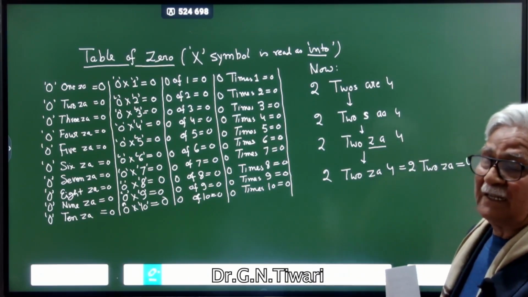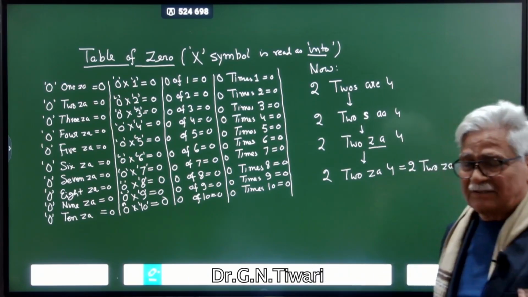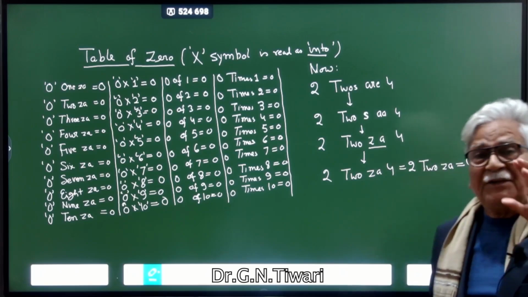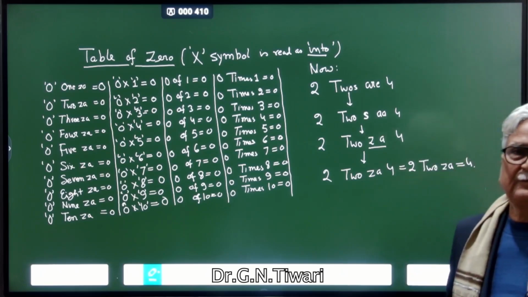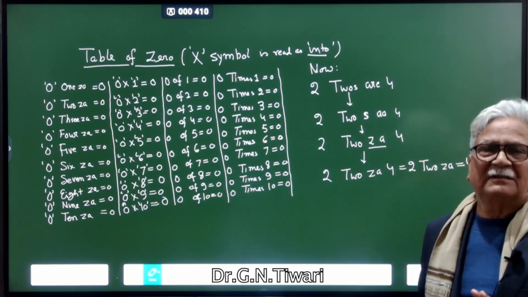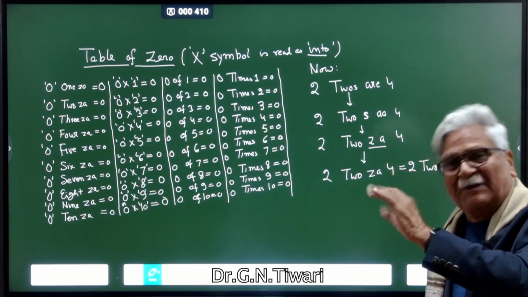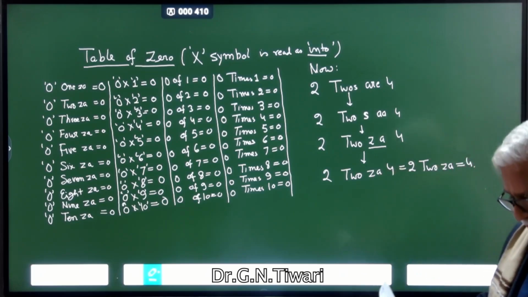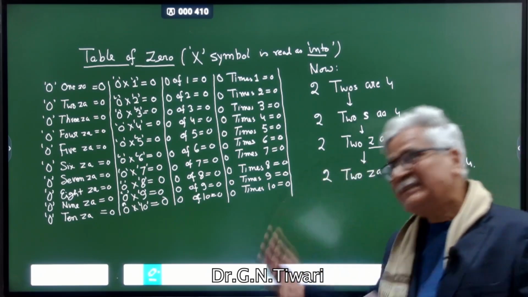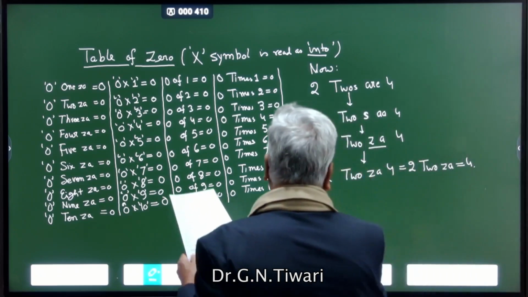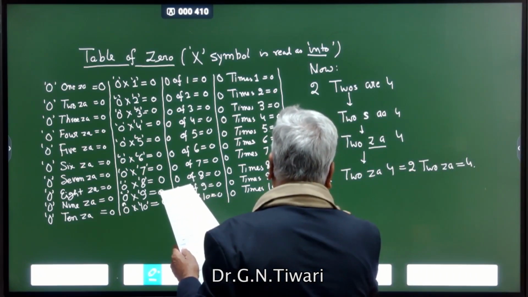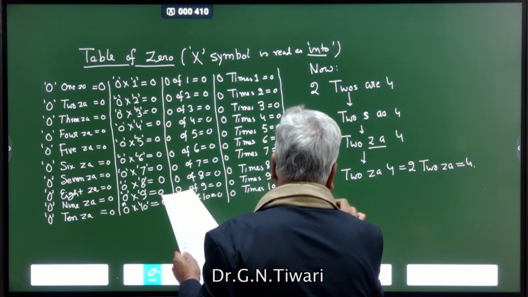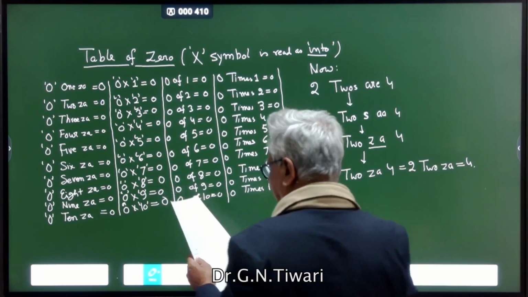Further, as I have mentioned in the previous examples, if you add 0 to any number, the result will be the same number. But here the situation is different. Note it down.